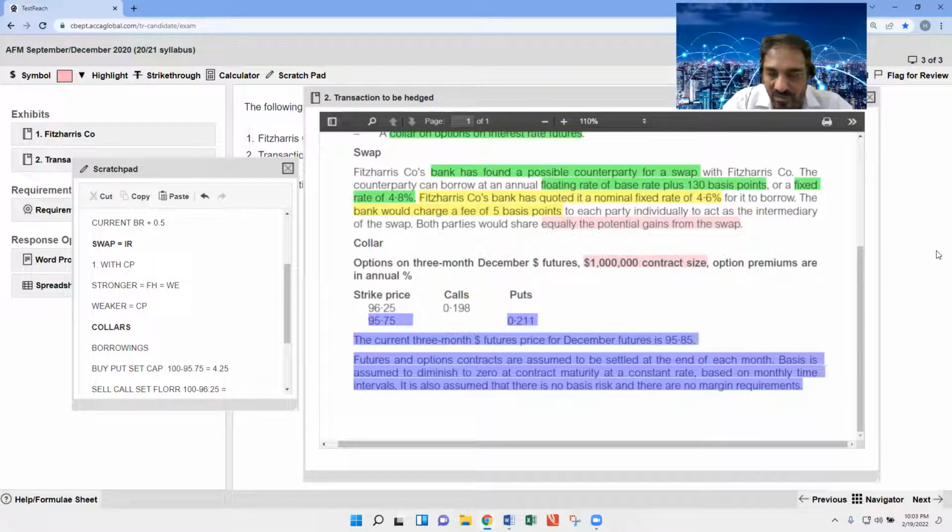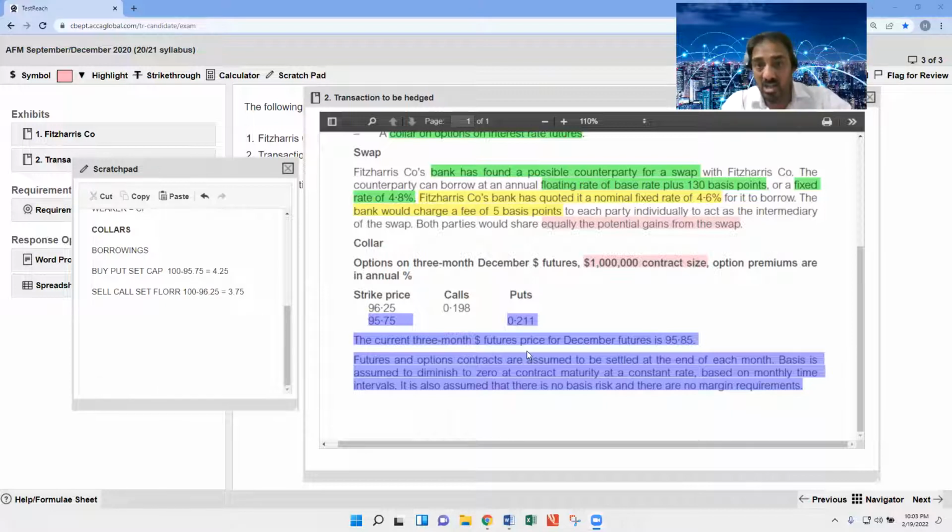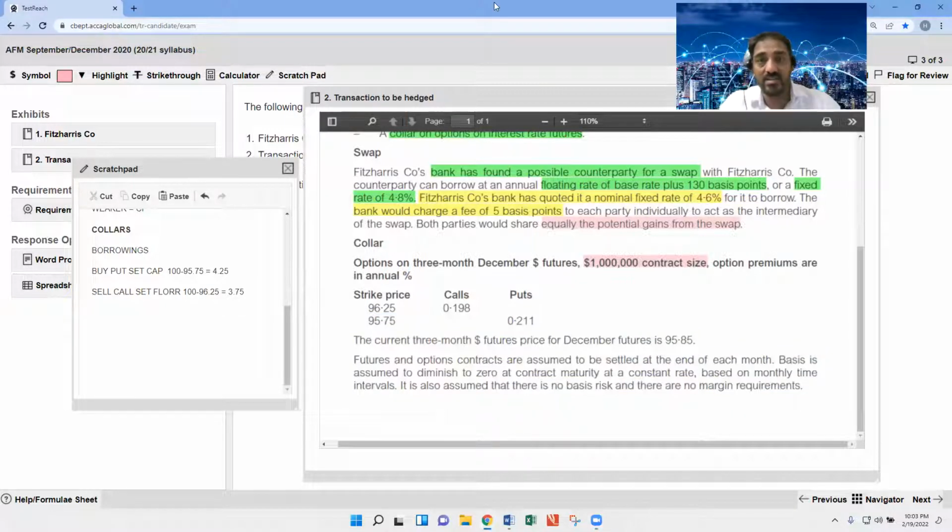And 96.25, 3.75. Yes, like this. Apologies, that was a calculation mistake. That's free marks. During the question, you have already identified that. Now, the current 3 months dollar futures price is 95.85.